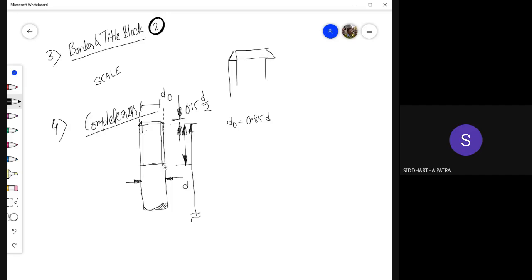But then these two lines continue at 30-degree angle further to meet the outer diameter. Okay, so this is how we represent the metric thread.